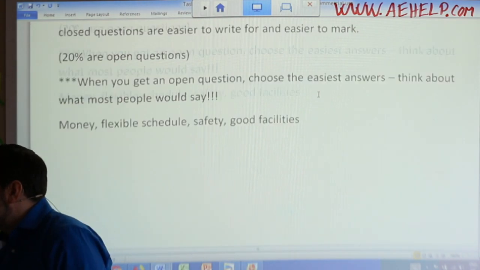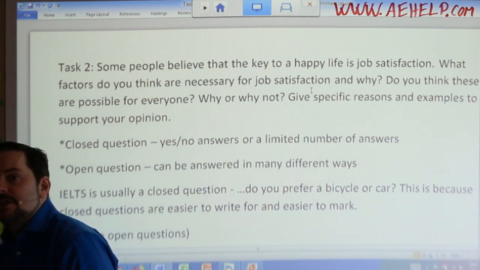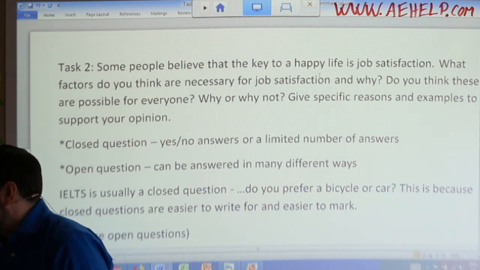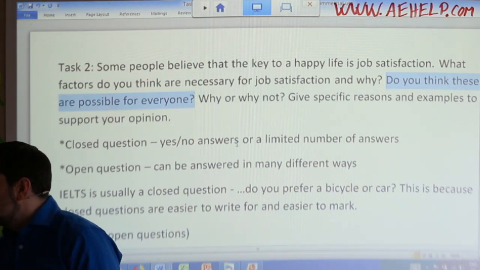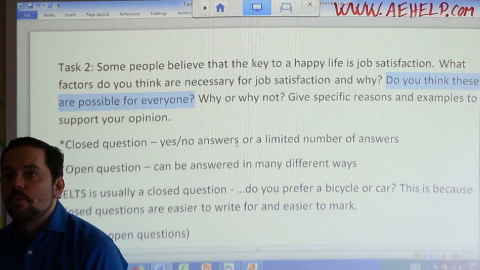All right, now this is a two-part question, and when you have a two-part question, it's very, very important that you answer both parts. If you do not answer both parts, your band score will go down. The second part of this question is, do you think these are possible for everyone? So do you think that money and safety are possible for all workers?